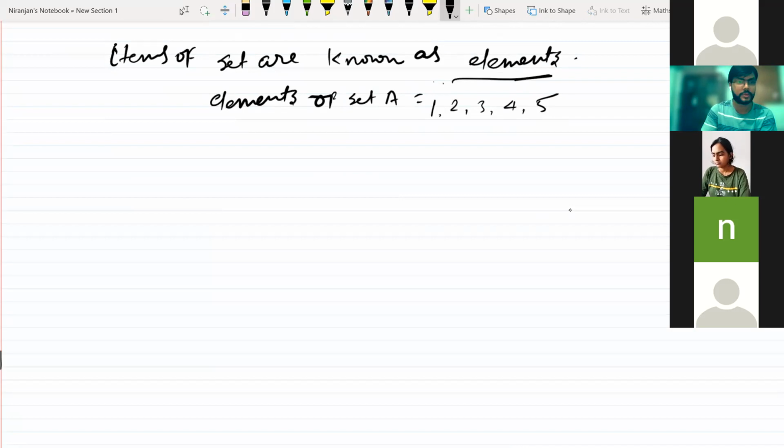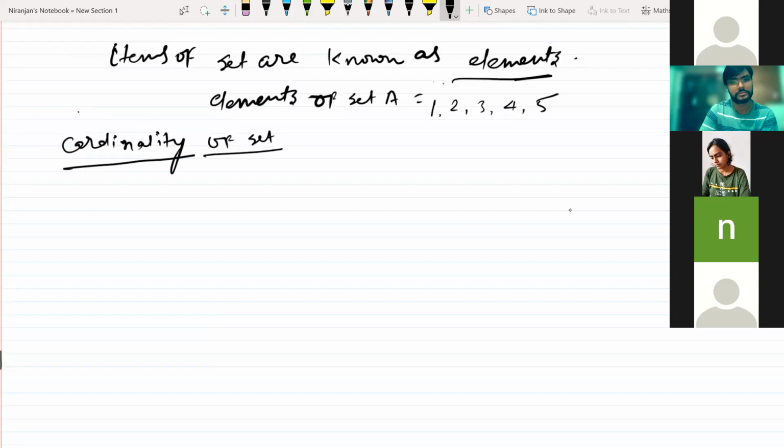The main concept and main questions that the majority of entrance exams ask, especially IGIDR, are questions on cardinality. So can anyone tell me what is the cardinality of a set? Anyone?